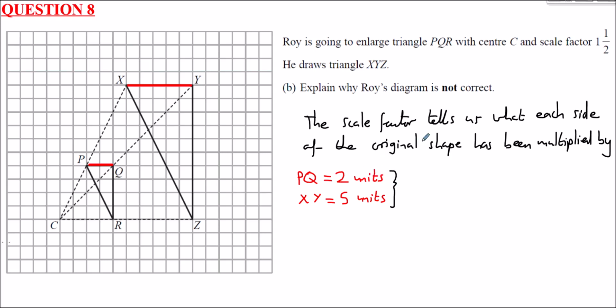So from that, if the scale factor was 1.5, you could say 2 times 1.5 is 3, but XY is obviously more than 5, so therefore the scale factor is too big. Is greater than 1.5. So that's one way you could explain it.